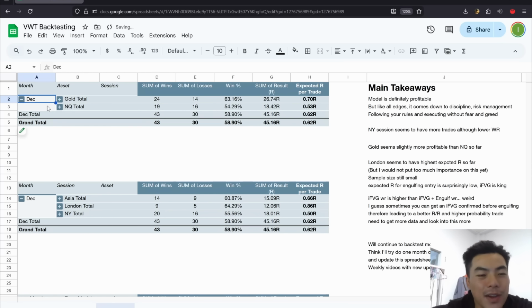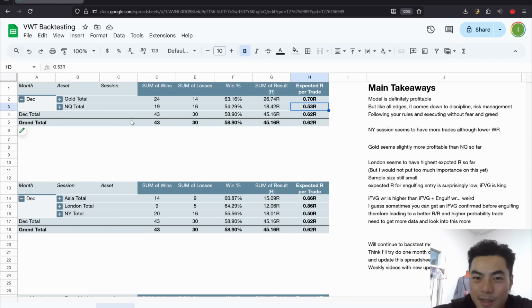Okay, let's go a bit further. It looks like gold has a slightly better win rate than NQ, so an expected R of 0.7 R per trade, whereas NQ has 0.53. If you've never heard of expected value, it's just, if I take one trade, what can I expect to get from this one trade over the long term?